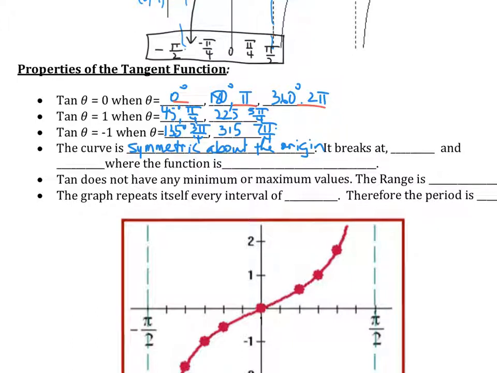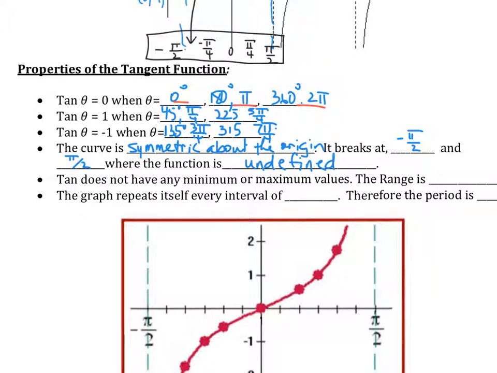All right, it has a break at negative pi over 2, because that's where our asymptote is going to occur, and it has another break at pi over 2. I'm focusing on these two because these are going to be the two that we are going to use with our parent function. Okay, and this is where the function is undefined, and that's why they are called asymptotes.